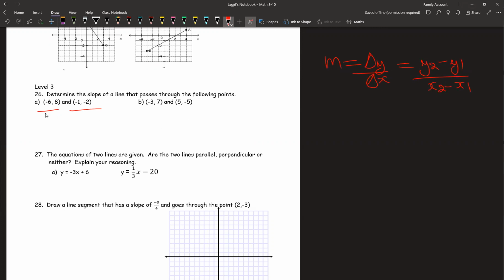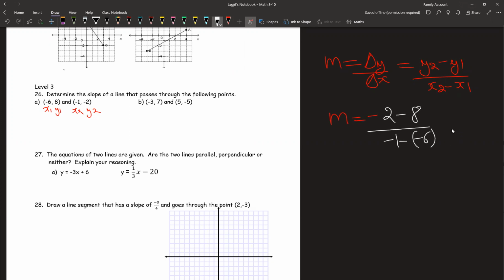So think of the point minus 6, 8 as x1 and y1, and think of minus 1 and minus 2 as x2 and y2. The slope will be minus 2 minus 8 over minus 1 minus minus 6.